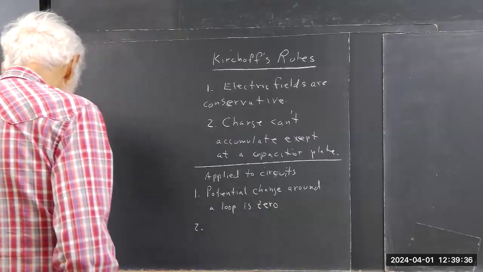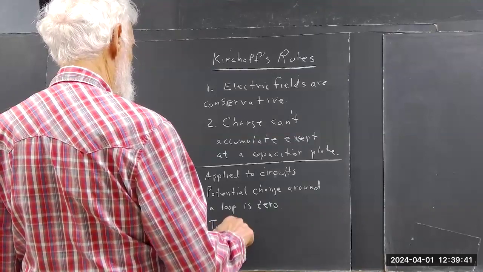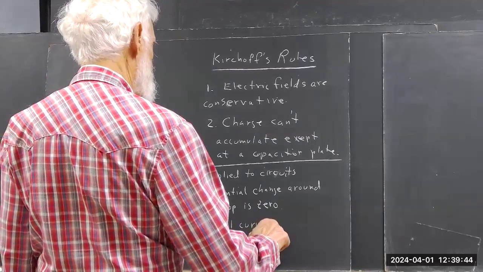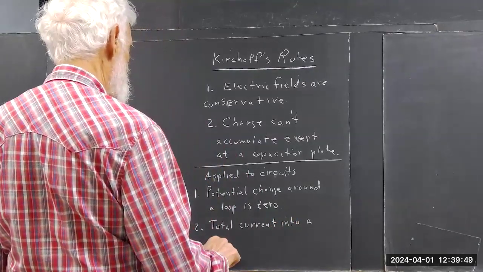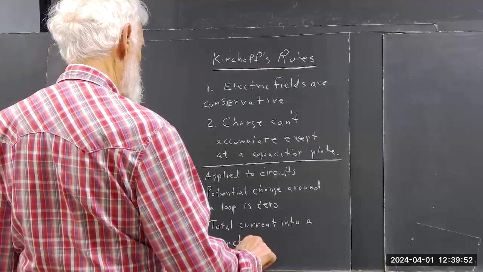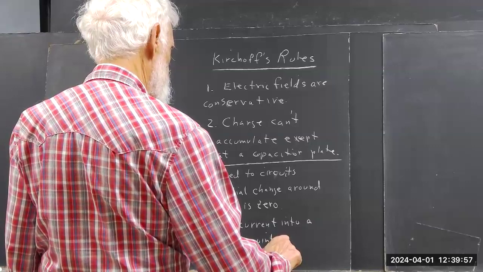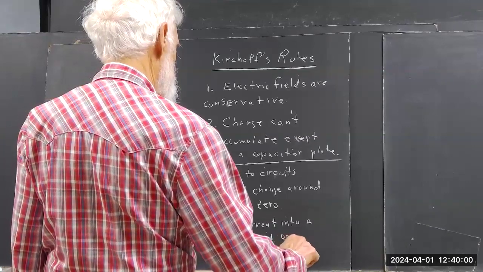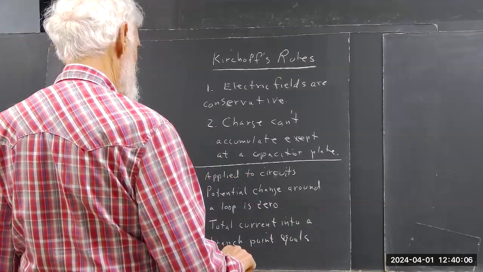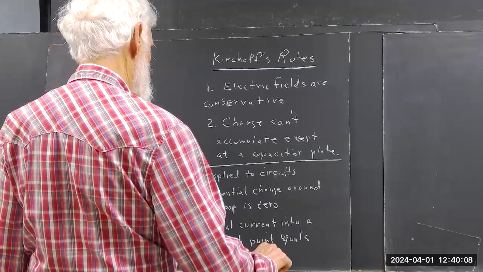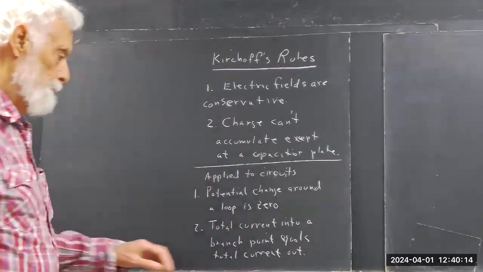The second says the total current into a branch point equals the total current out.